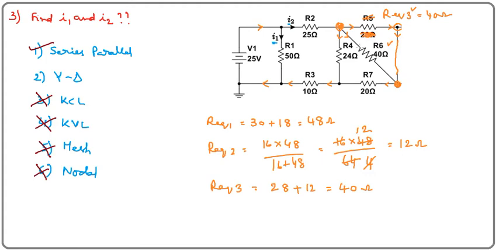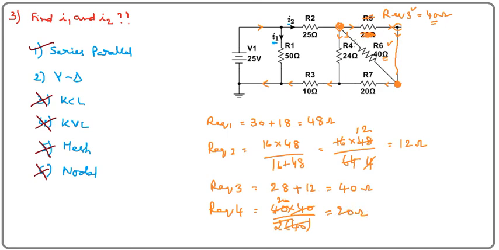This is 40 ohm and this is also 40 ohm. So R equivalent 4 is equal to 40 into 40 by 40 plus 40, which is 20 ohm.